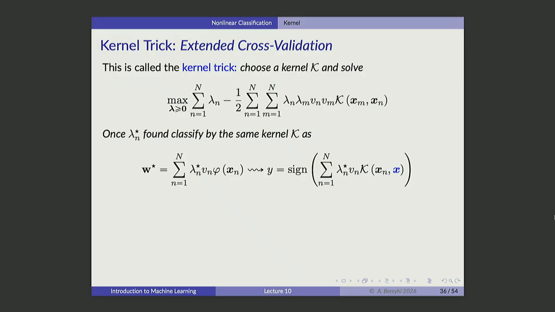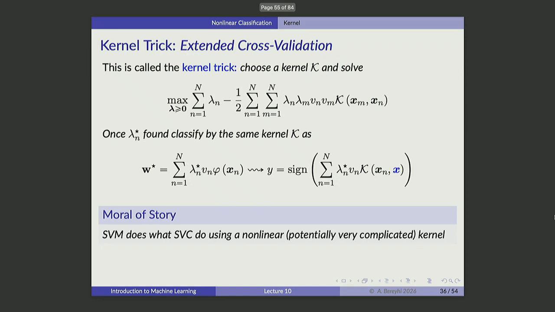Questions? No question? Okay, great. So the moral of the story: SVM is basically SVC, but it works totally nonlinearly. The key factor here is that instead of doing linear cross-correlation, you're doing nonlinear cross-correlation.